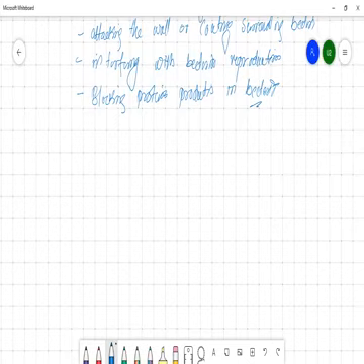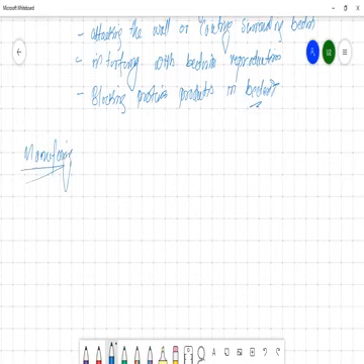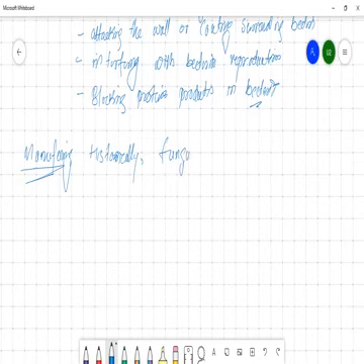Now how they are manufactured. So let us know how they are manufactured. So historically, it was fungus.